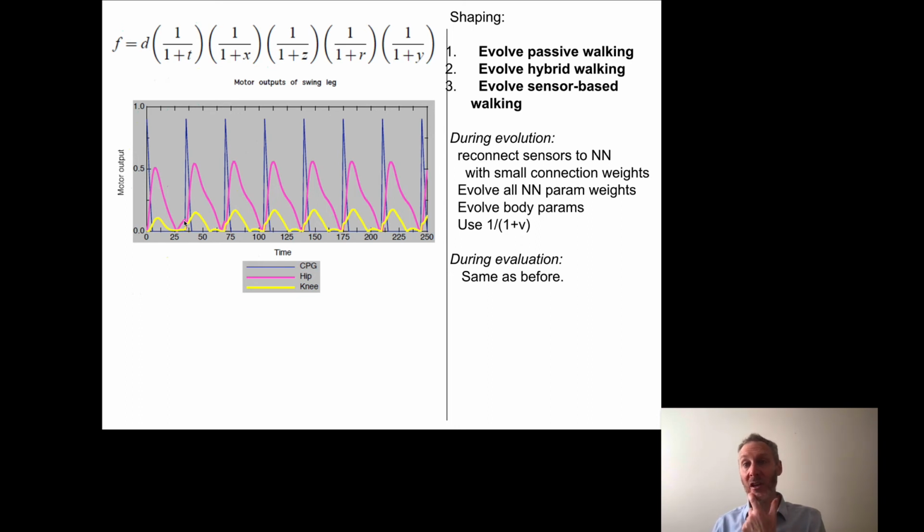I mentioned when you are walking around at a leisurely pace, half the muscles in your leg are slack for half the time. You can see that in this evolved biped, that's true for the knee, but not quite true for the hip. So again, one of the interesting things about evolutionary robotics, sometimes the evolutionary algorithm rediscovers aspects of human behavior or animal behavior, and sometimes not quite, slight differences.